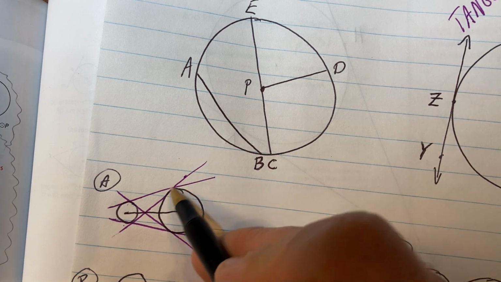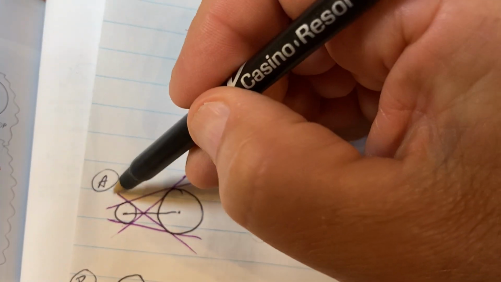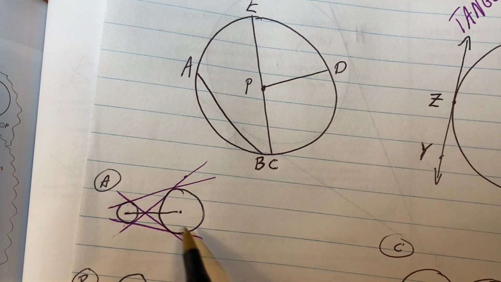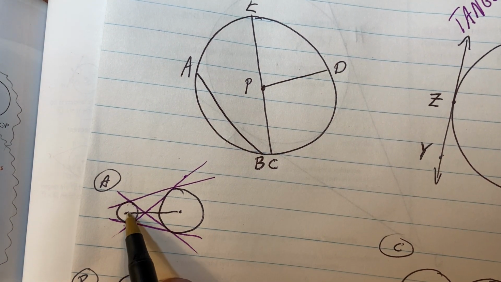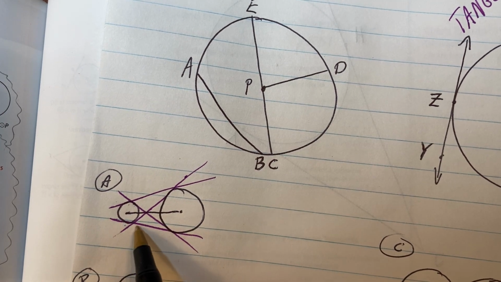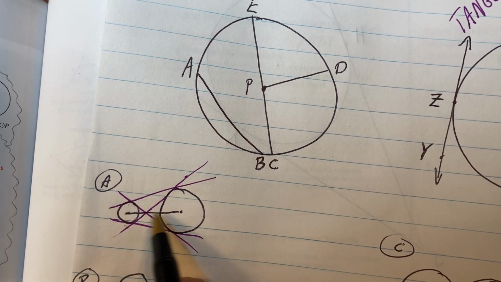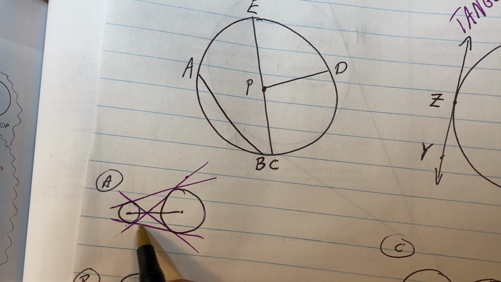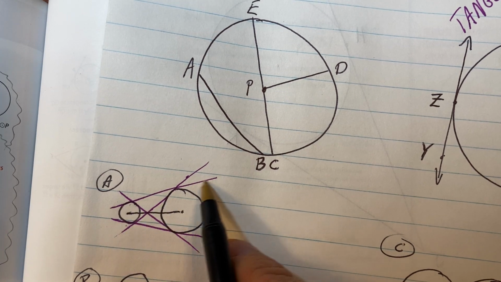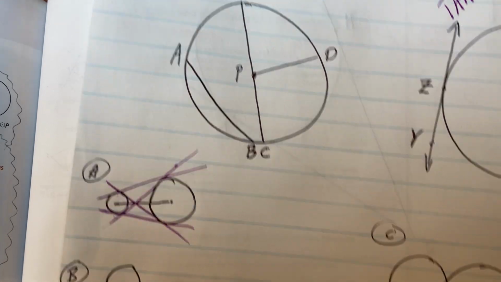This line doesn't cross the segment from center to center. Since it does not cross that segment, this tangent is externally tangent. This tangent is also externally tangent.